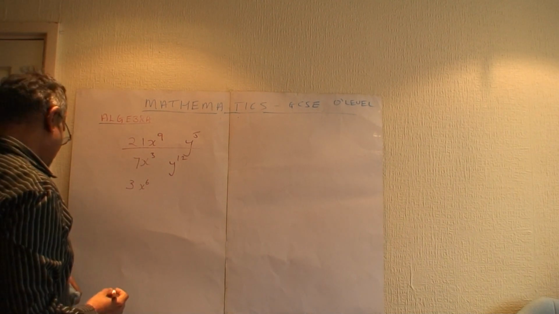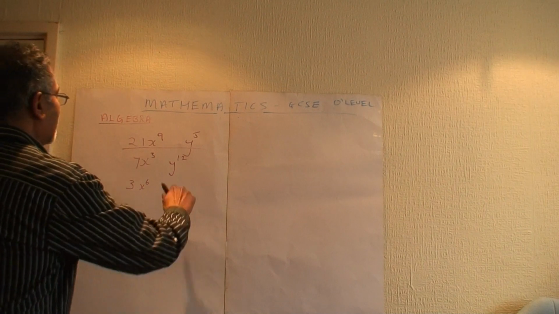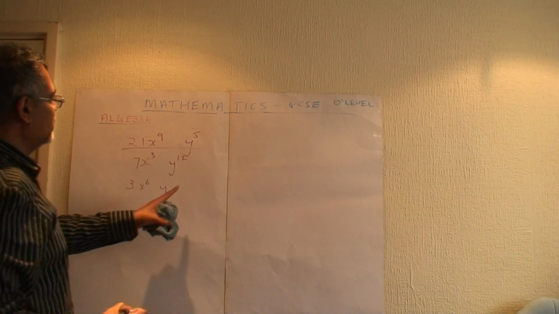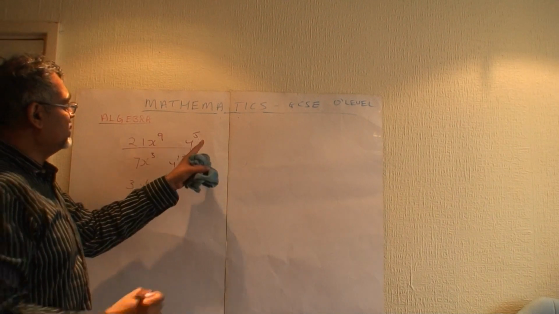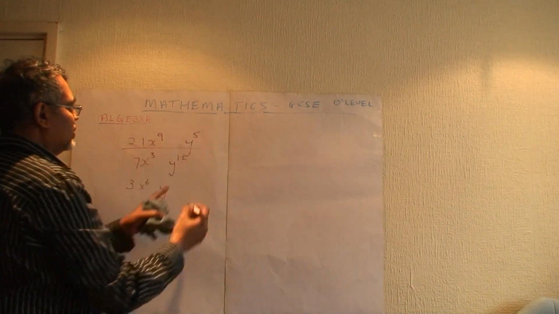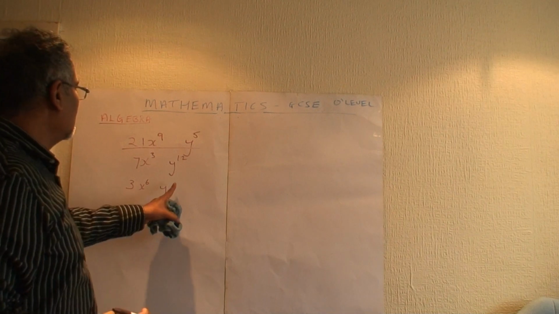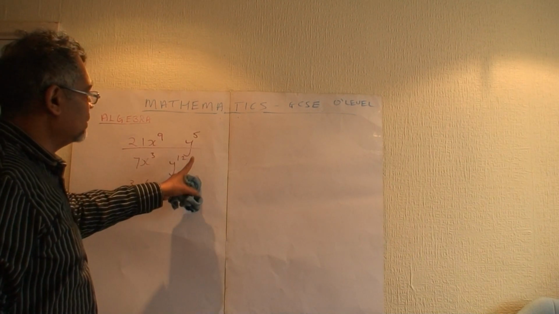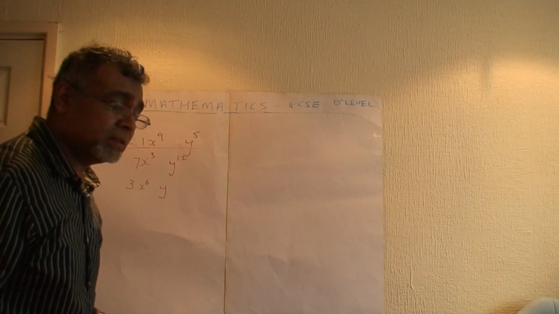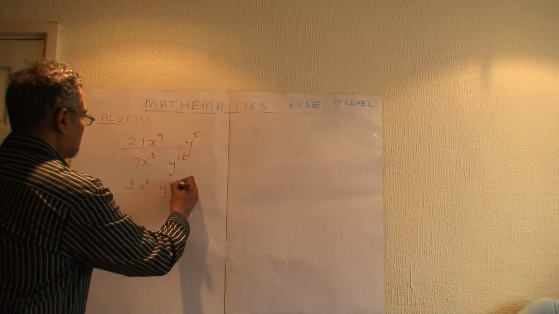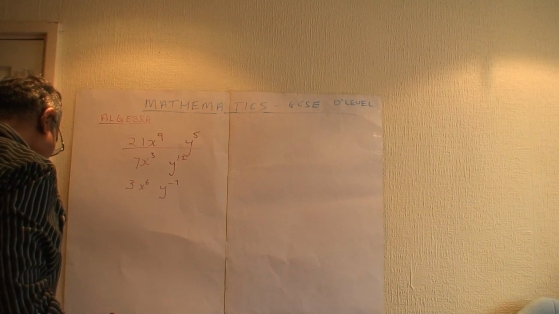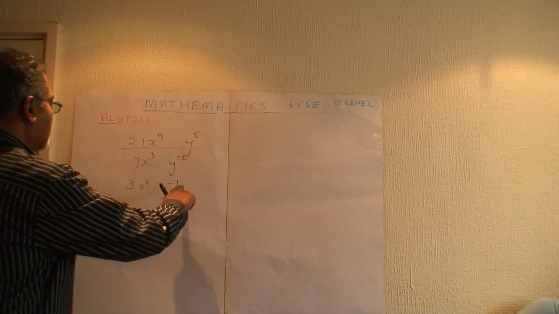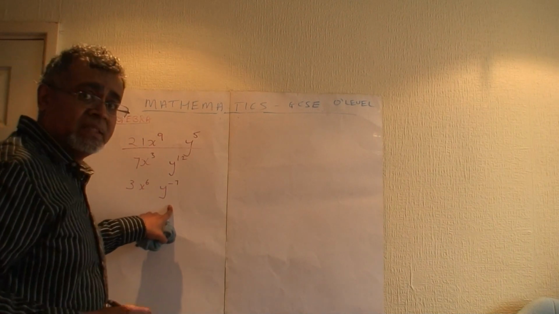And then y, again you subtract, but you see that 5 is less than 12. So when we subtract it, it's 7, but it will be minus 7. Okay, but this can be simplified further.